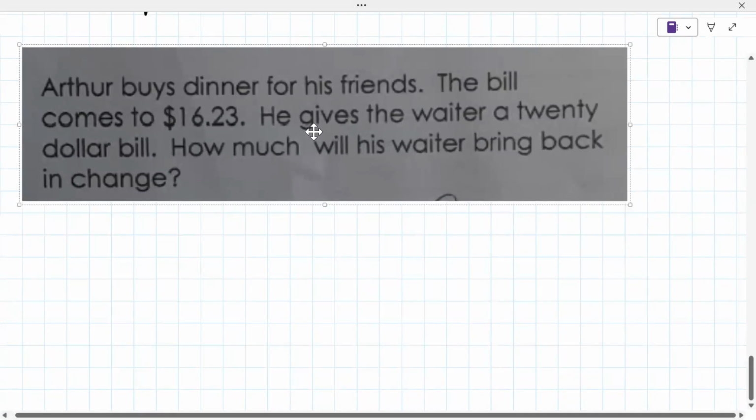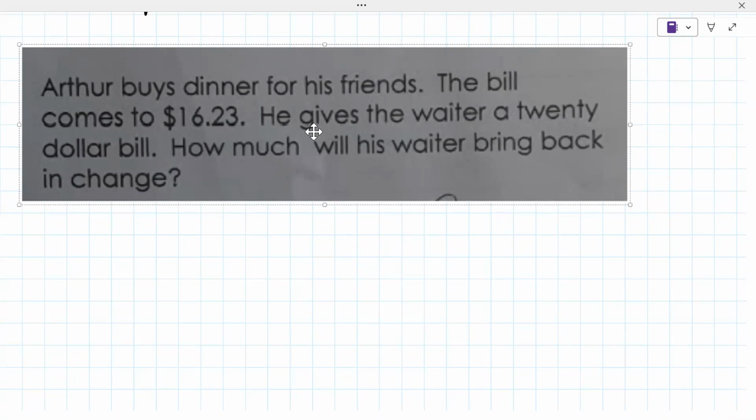Okay. Arthur buys dinner for his friends. The bill comes to $16.23. He gives the waiter a $20 bill. How much will the waiter bring back in change? So I want you to tell me, what are the two numbers in this problem that you see? $16.22 and $20 bill.